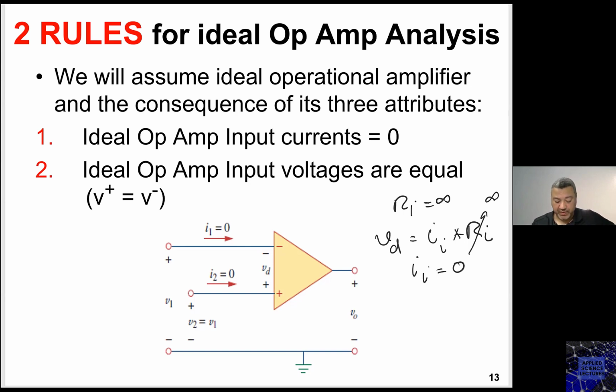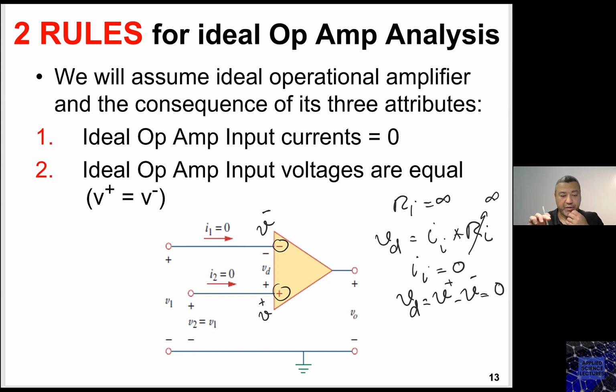So what does this mean? If the current into it is zero, then the voltage that I am calling V minus, because it is at the inverting, and the voltage that I am calling V plus would be the same, right? Why? Because now VD, which is V plus minus V minus, equals zero.